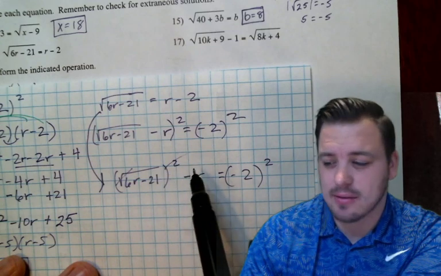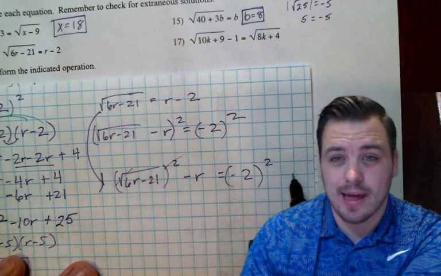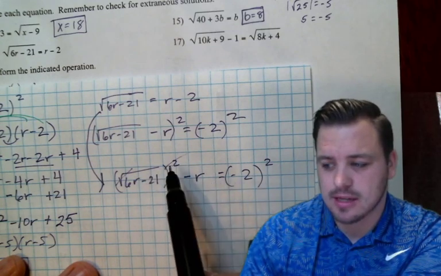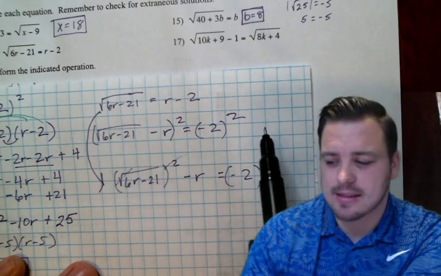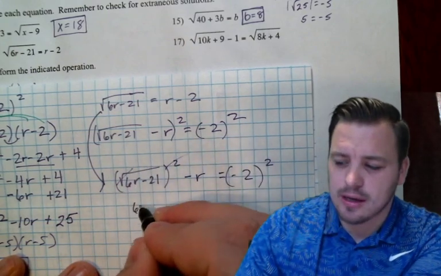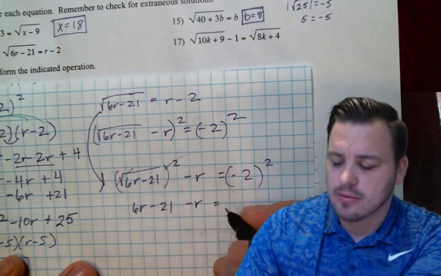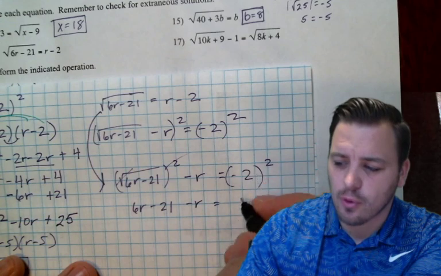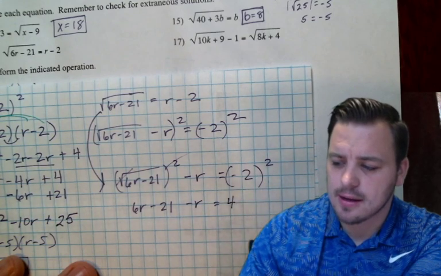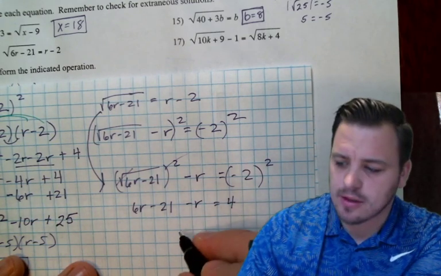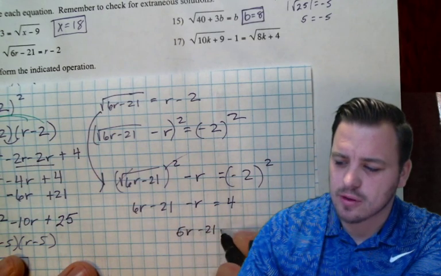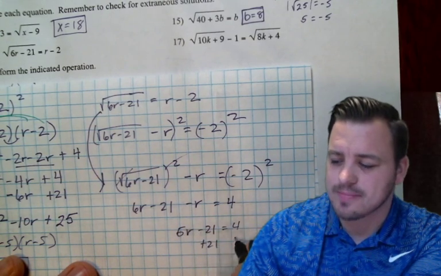So in math, what you do to one thing, you got to do to everything. So technically, that's why we would do it to this side and that side. But then, if I'm just following it right, minus r equals 4 on this side. So then that would be 5r minus 21 equals 4, and then add 21.